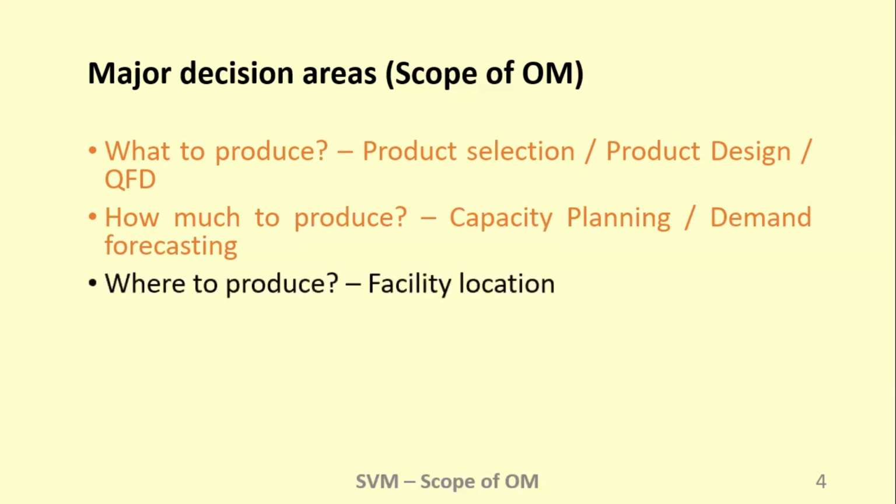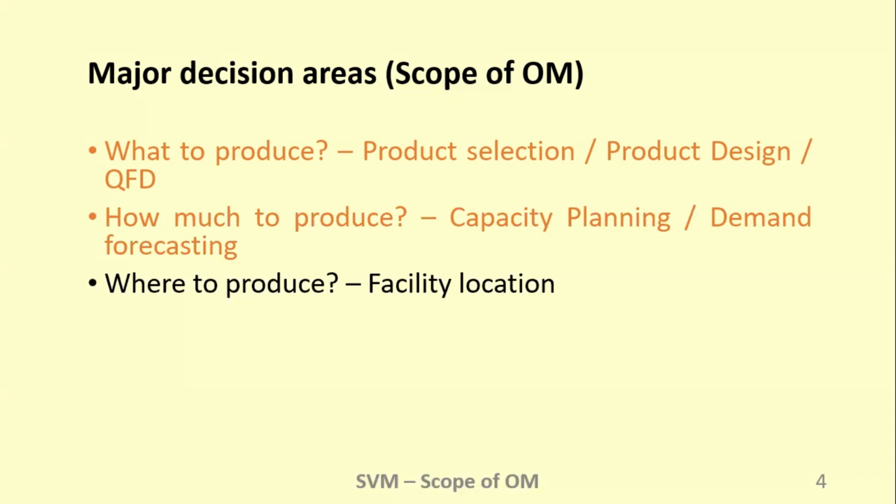Where to produce means you need to decide about the location, whether it will be outside the country or inside the country. Once you decide about within the country, then which region. Once you decide about the region, then about the state. Once you decide about the state, then which city or town or village, whatever it is, that you have to decide.